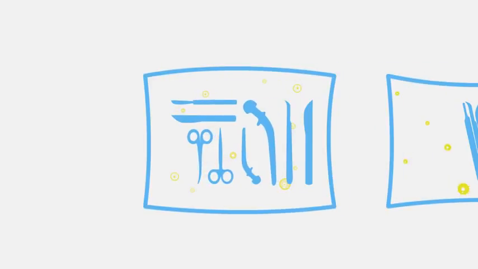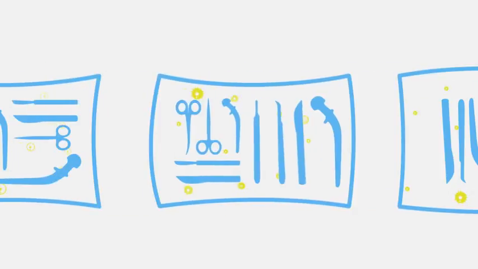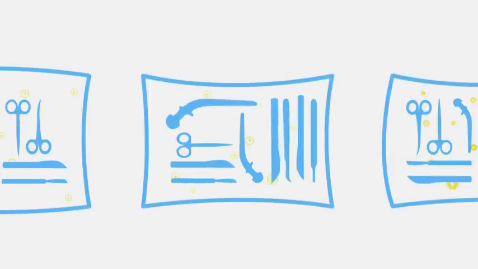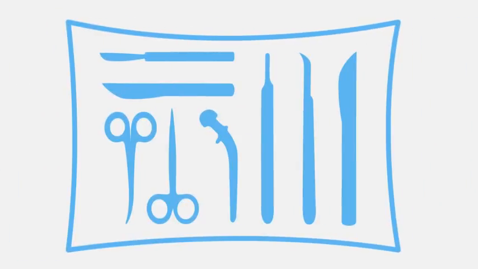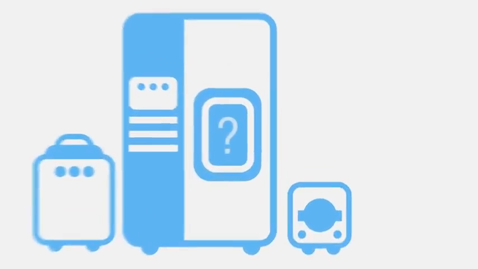Every pack and every load that enters the sterilizer is different and brings with it its own complexities due to the variety of packaging materials and device types and quantity. From a poorly packed load to a residual air or poor steam quality, many things can go wrong inside your sterilizer. The only way to know for sure that the sterilizer is working is to monitor at every stage of the process. Because things can happen in the sterilizer, it is important to monitor the process.